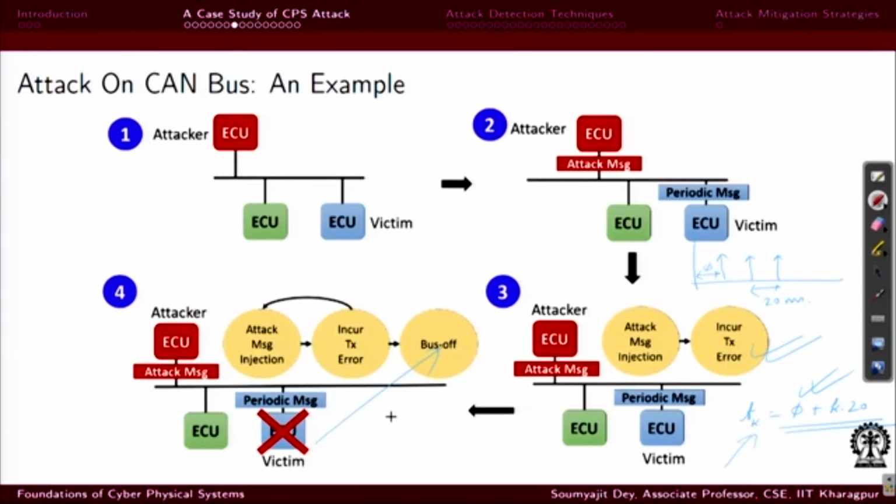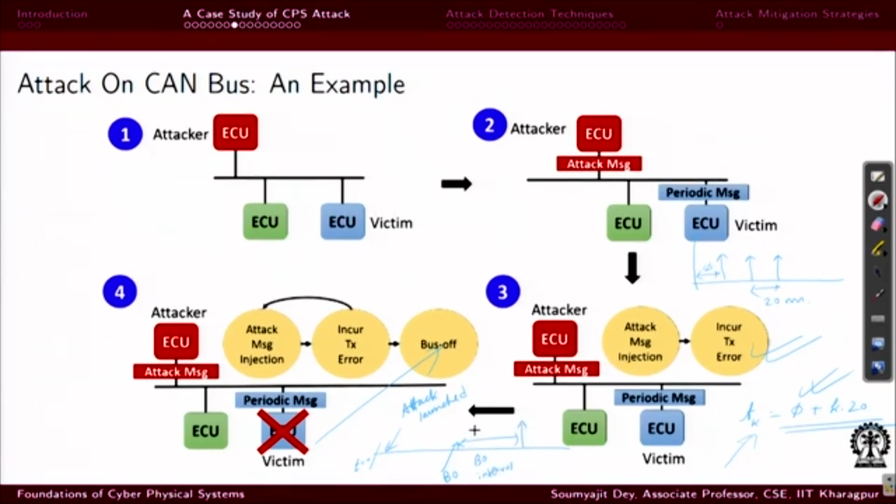So that's what the attacker is targeting. Let's say here things were fine and here an attack was launched, and at this point this ECU goes to bus off mode, and this is the bus off interval, after which this ECU is back online.